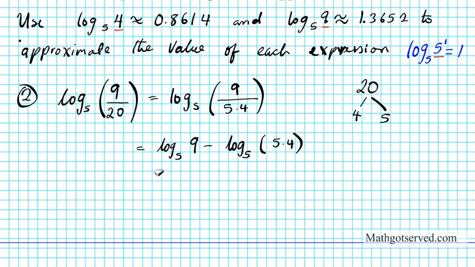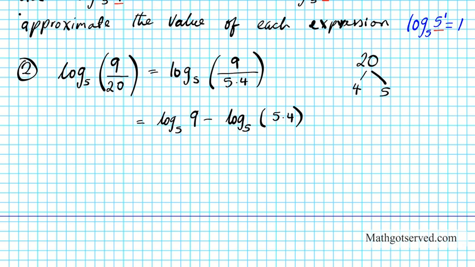Now I'm going to break this further. We have a product here, so we can use the product property of logarithms. So I'm going to write this as log base 5 of 9 minus, since this is going to become 2 terms, I'm going to put parentheses, log base 5 of 5 plus log base 5 of 4. So this product right here became a sum.